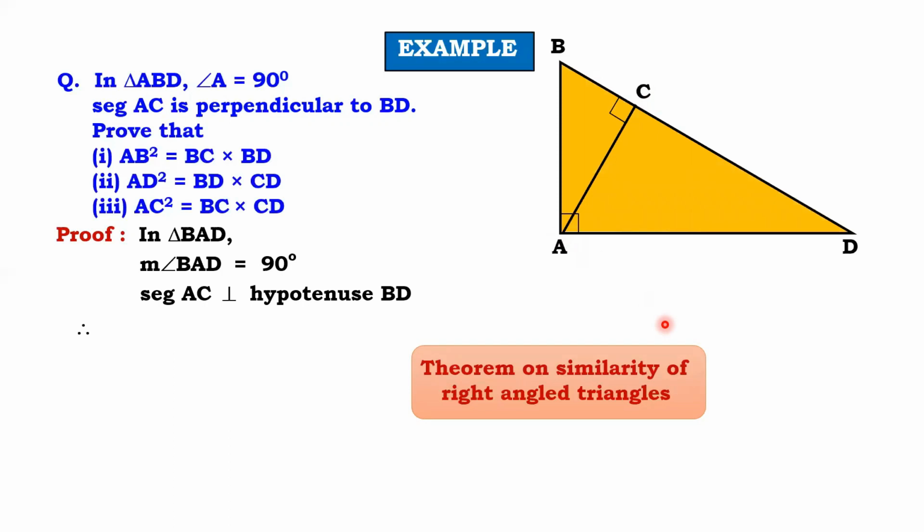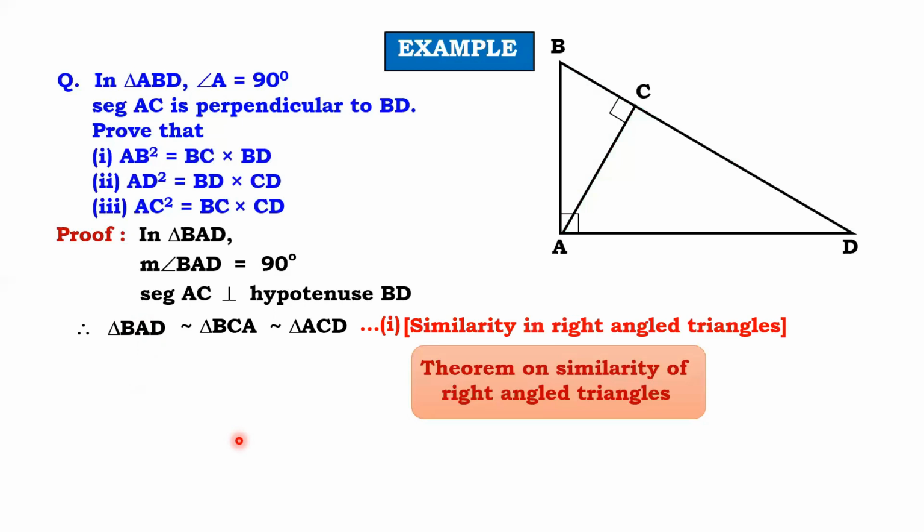So the first triangle is triangle BAD, similar to, now between B and A which point will come? C. So triangle BCA. Now between A and D the fourth point will come, so C comes in between, so ACD. The reason: theorem on similarity of right angle triangles, or we can just write similarity in right angle triangles. This is equation 1. I hope all of you have understood it.